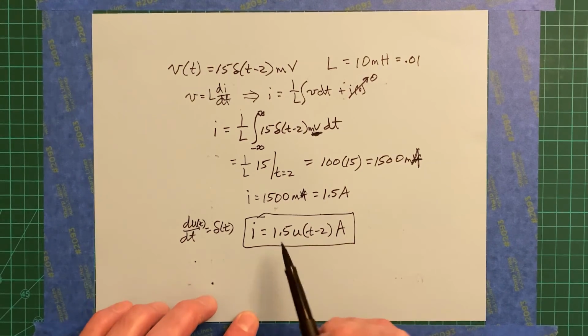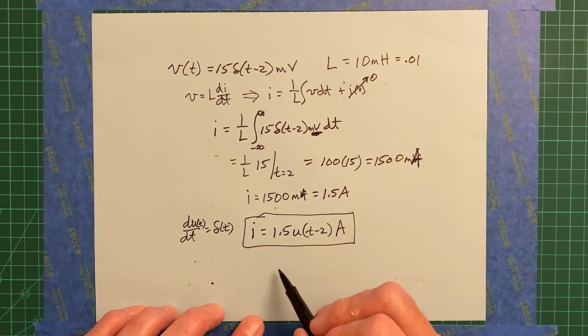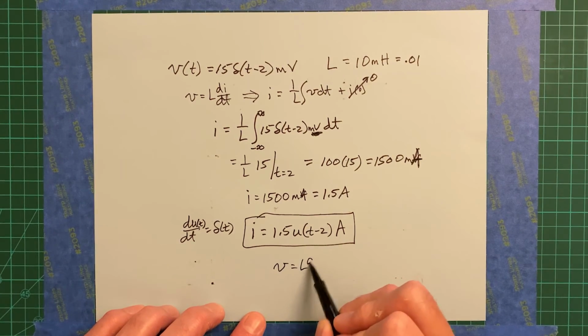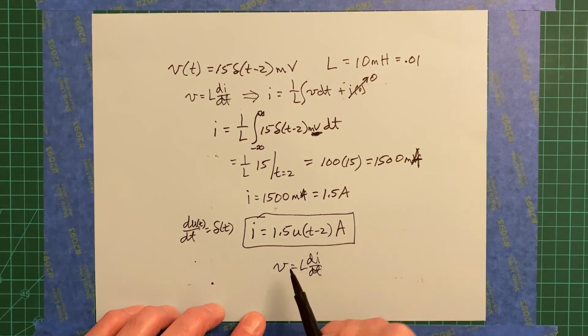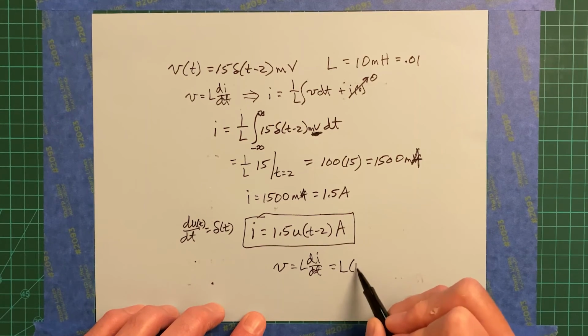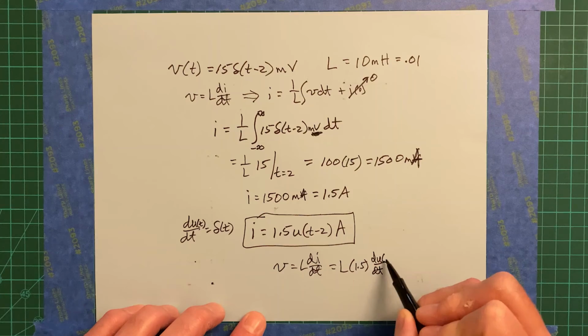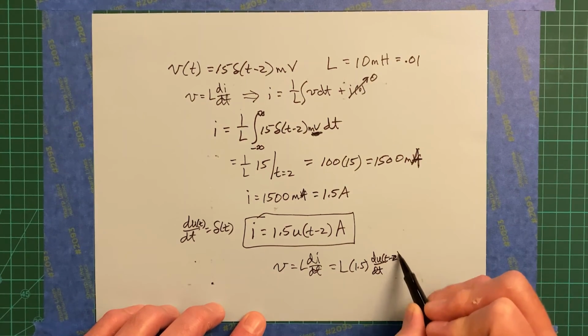And the reason is because if you take the derivative of that I, remember V equals L di/dt, we're going to end up with L times 1.5 times du/dt of t minus 2.